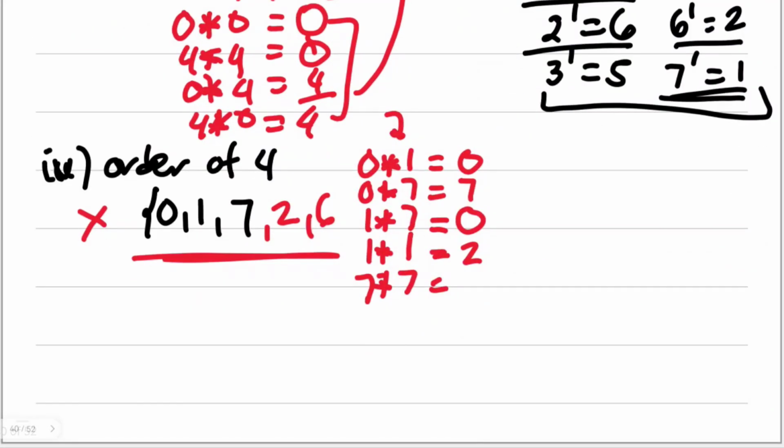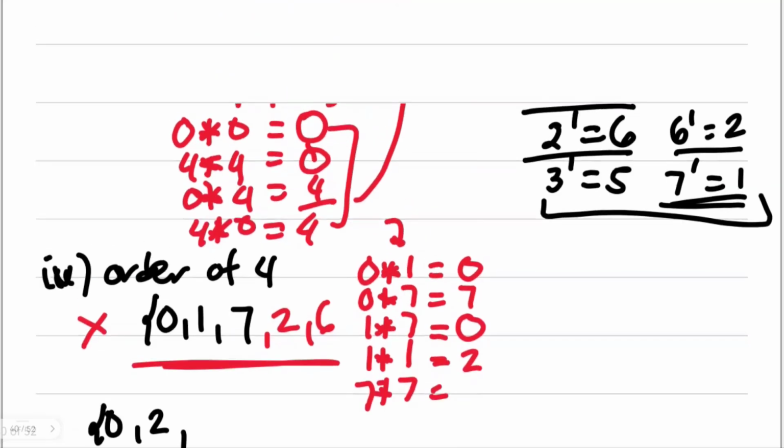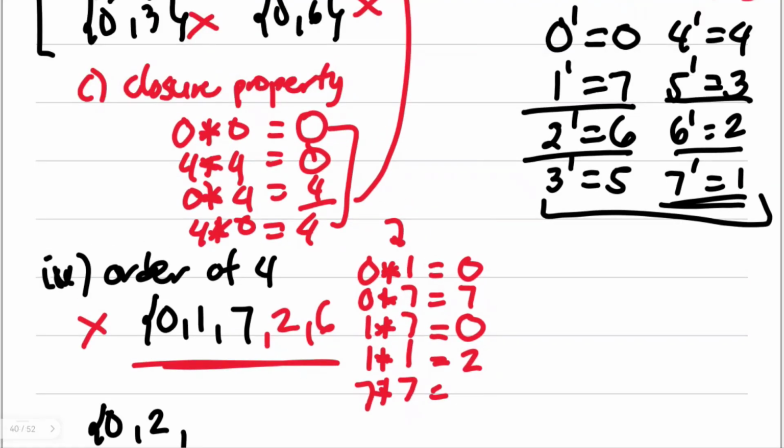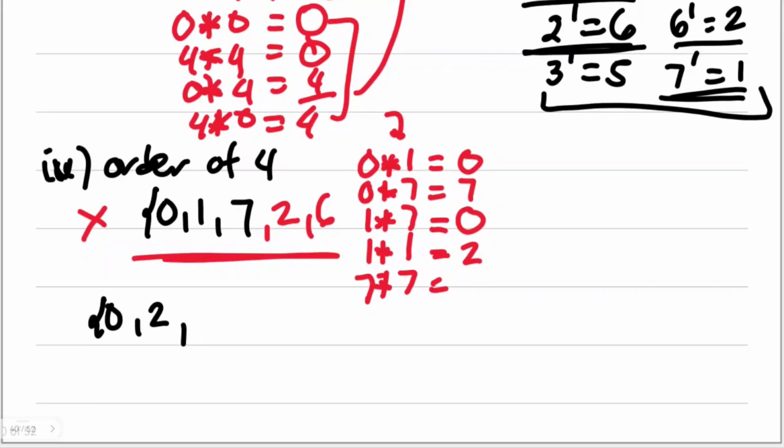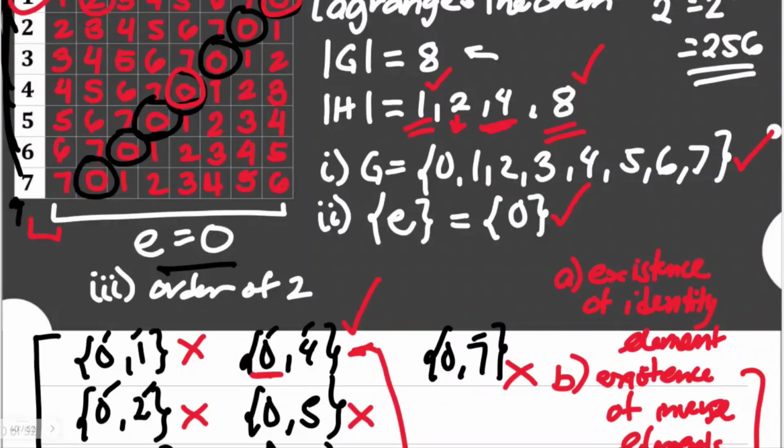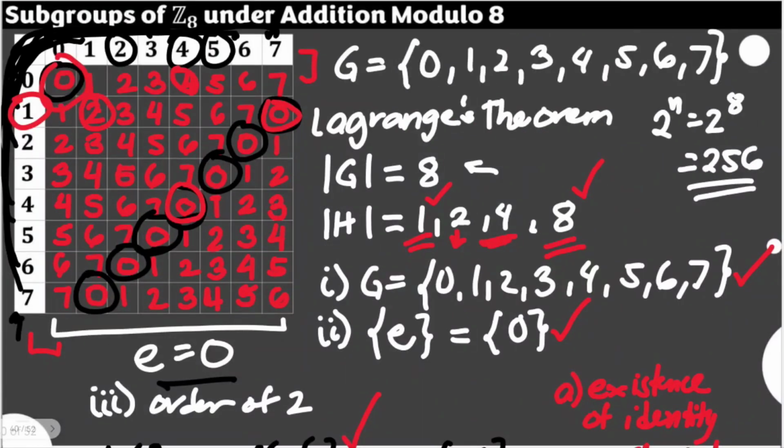So 0 and 2, and we simply add the additional inverses. Take note, 6 should be part of that set, so we just need one more. But then again, for the closure property, 2 star 2 is 4, right?